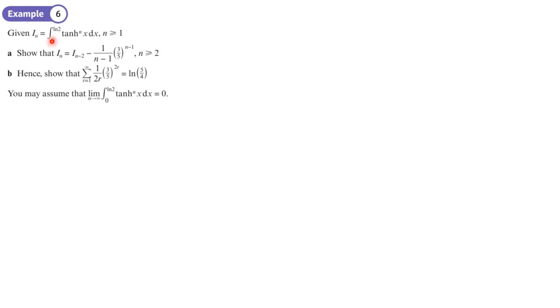Okay, so this question here, this is the integral here, and then we need to show that this is true. I'm just going to write down one or two little hints that will be useful in this question. So one of them is a hyperbolic identity, which is that tan squared x is equal to 1 minus sec squared x.